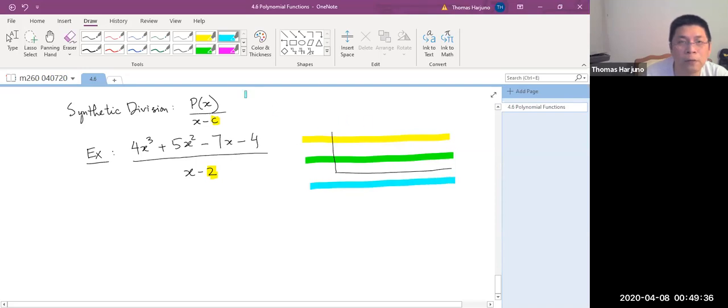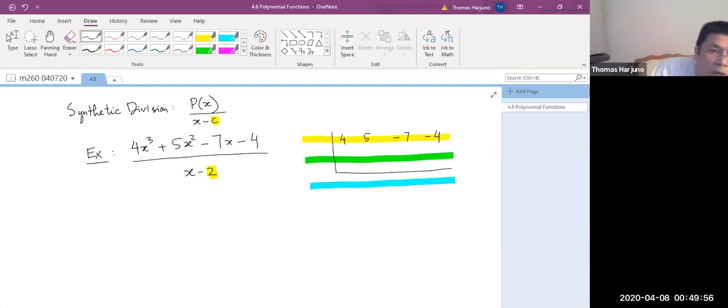Okay, now on the first row, you will insert inside the box the coefficients of the p(x) in descending order, and be aware if you happen to have any skip. Now here it's degree of 3, degree of 2, degree of 1, and constant.